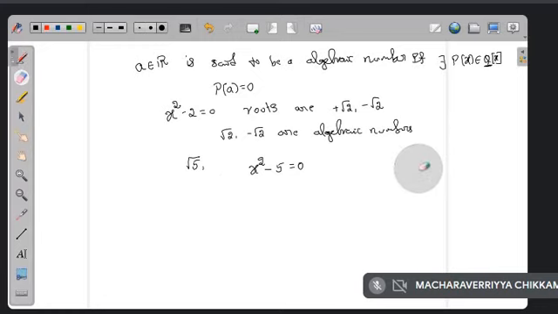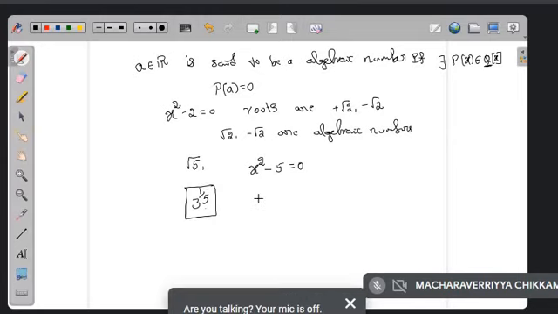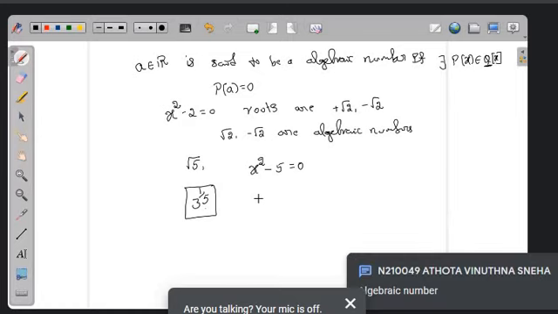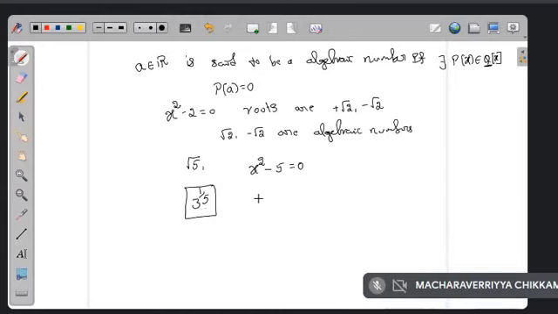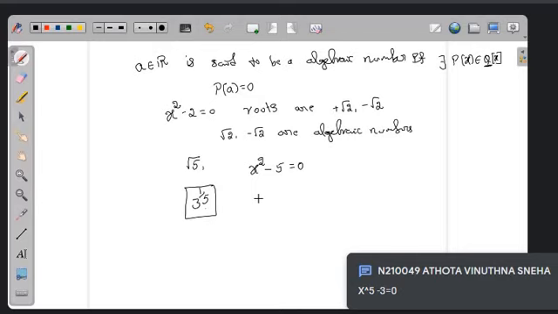Alright. How about 3 to the power of 1 by 5? Is it an algebraic number or a transcendental number? It need not be of second degree. You can take a fifth degree algebraic number. So what is the polynomial for which this is a root? Yes, x to the power of 5 minus 3.